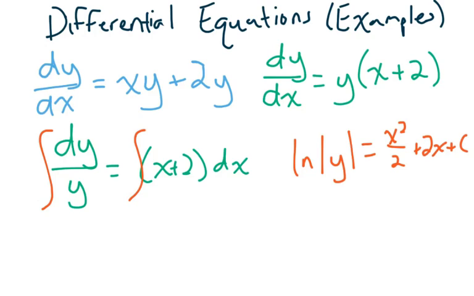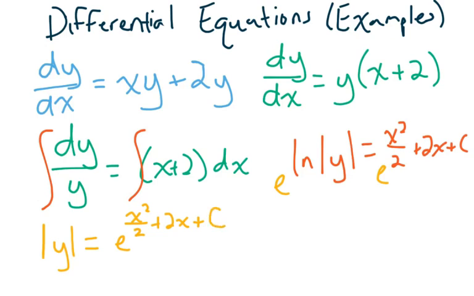At this point we would go ahead and raise e to the power of both sides so we can eliminate that natural log, and we're going to get absolute value of y equals e to the x squared over 2 plus 2x plus c.